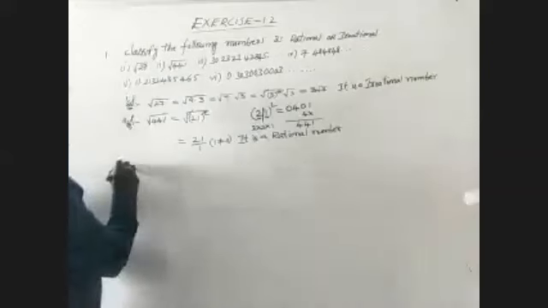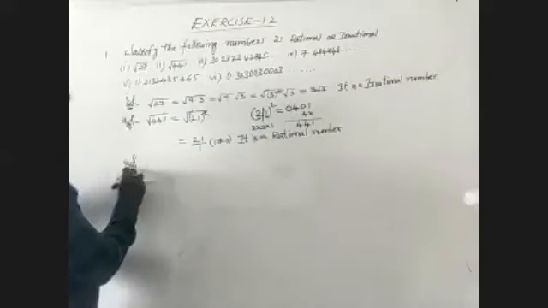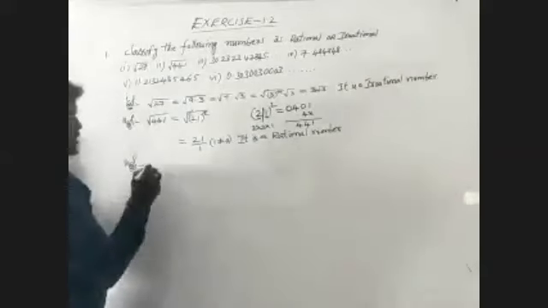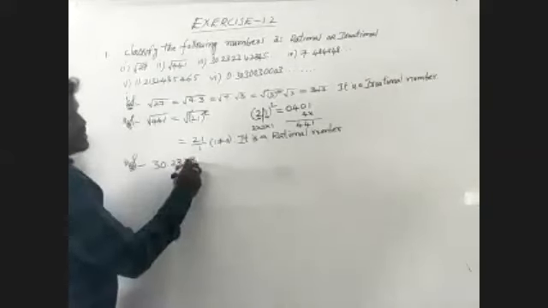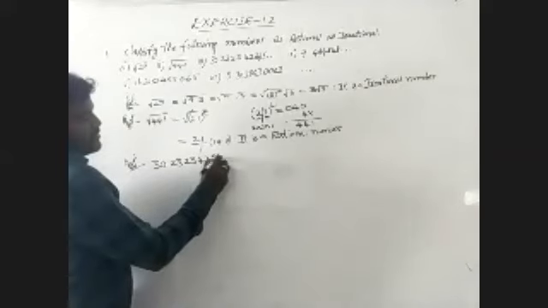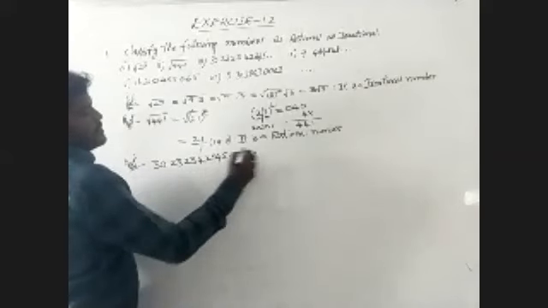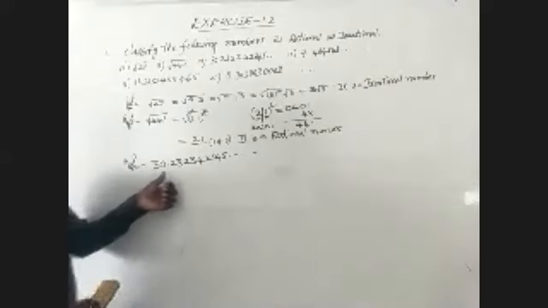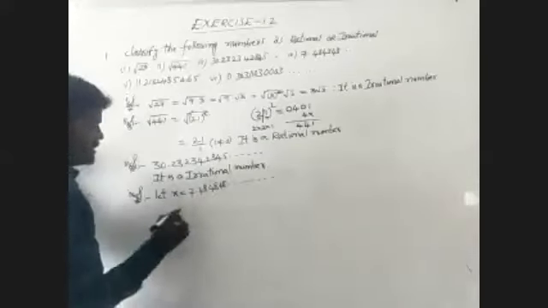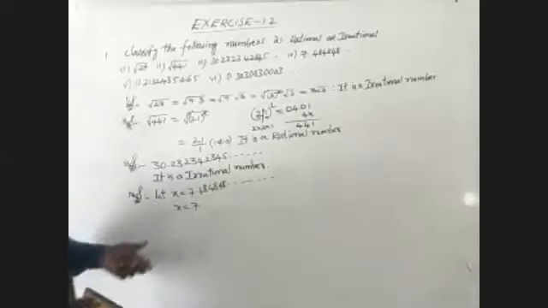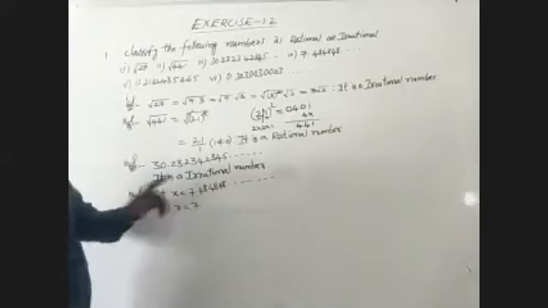So I am going to the third one, 7.484848 and so on. We observe that after the decimal point the given numbers are repeated.